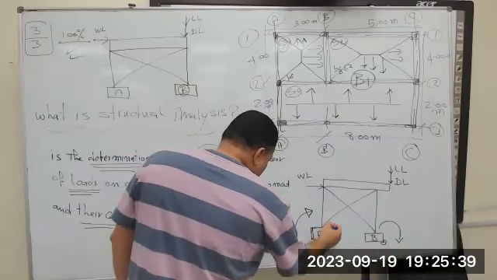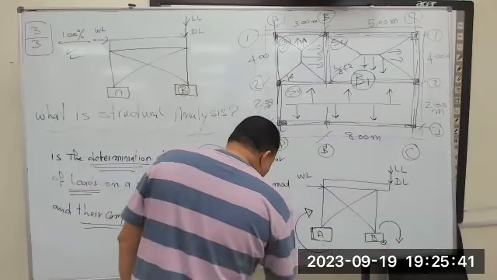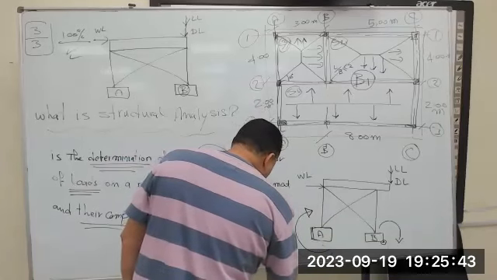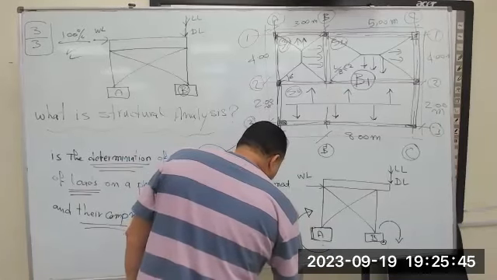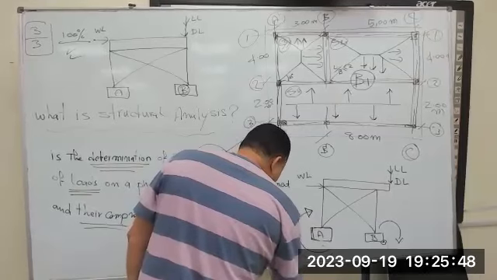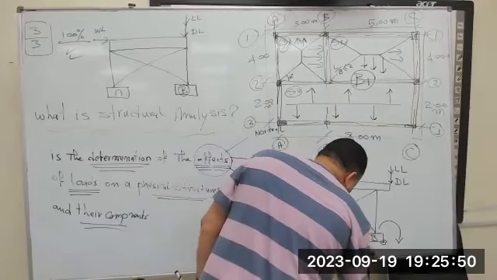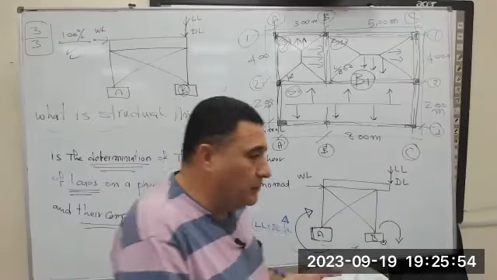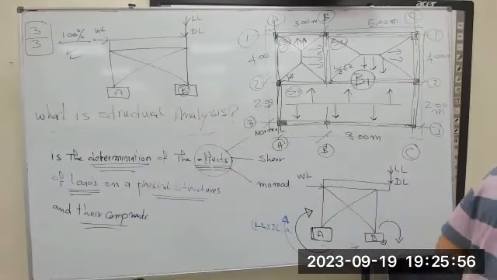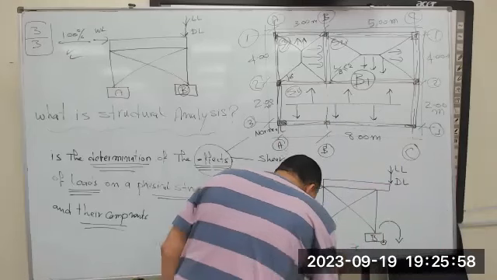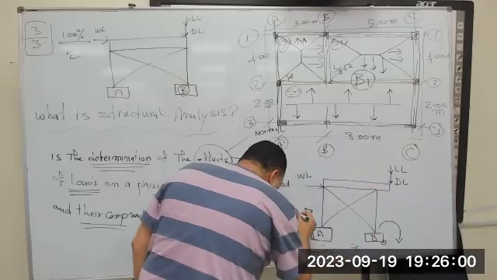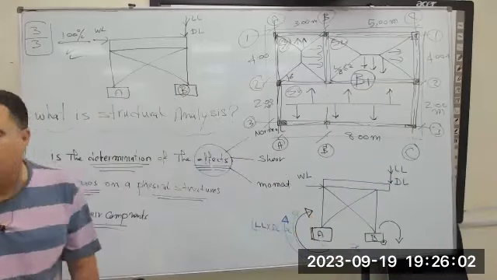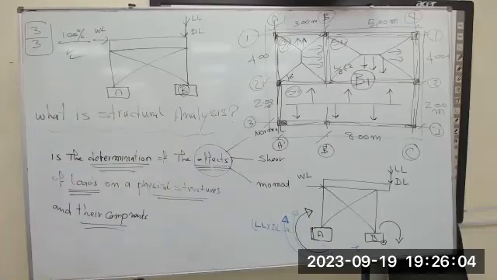X, the center. So now the moment is LL plus DL multiplied by distance. Assume this is X, so multiplied by X. The same wind load will also give you the same line of action, so two moments.